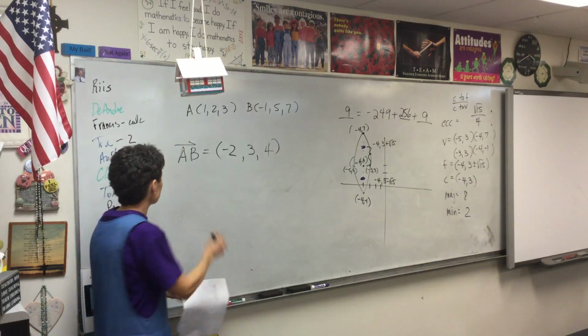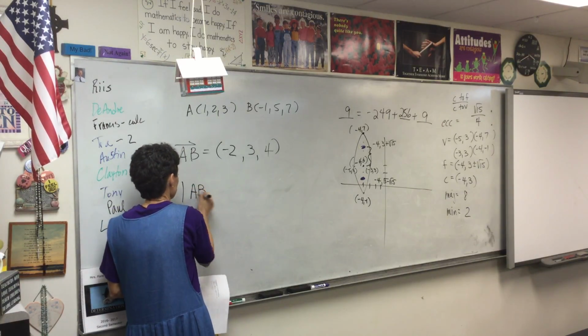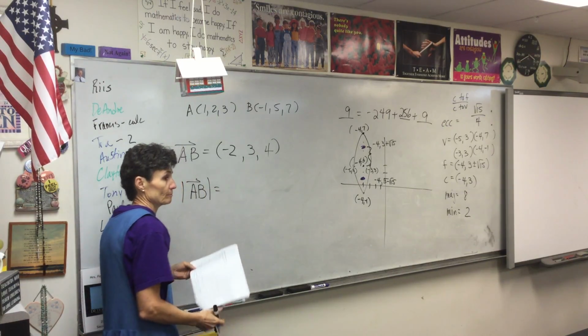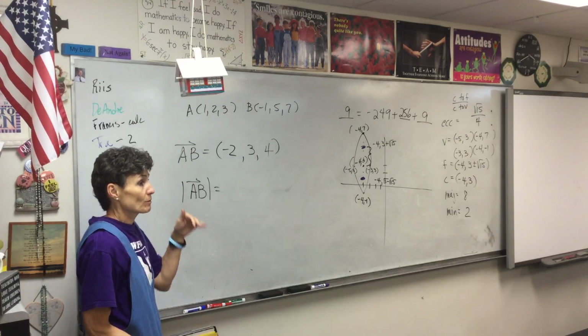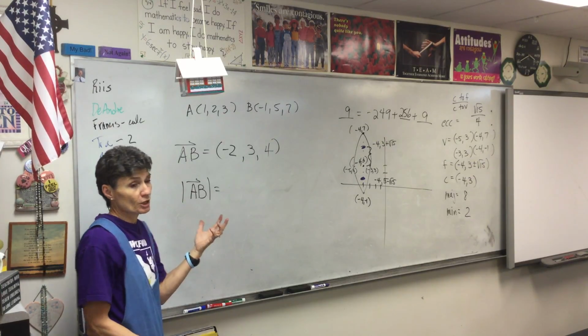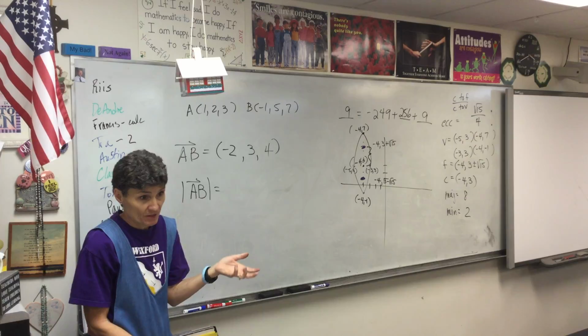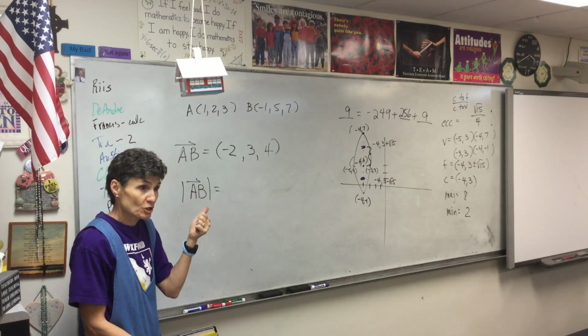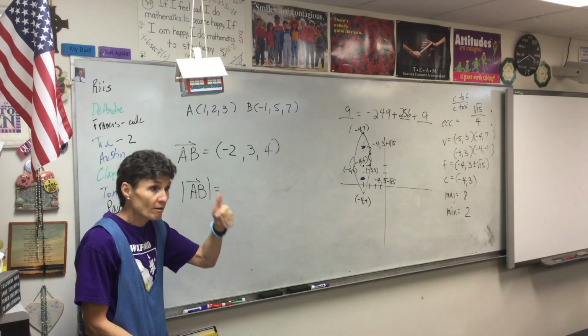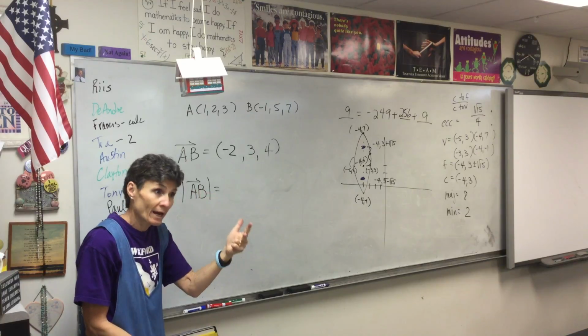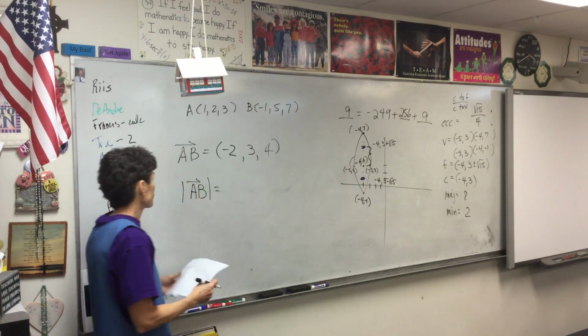Now, the next one says, find the magnitude of that vector. Now remember, the magnitude is just a version of the Pythagorean theorem, but in 3 dimensions. So we're going to square, square, square, add them up and take the square root.